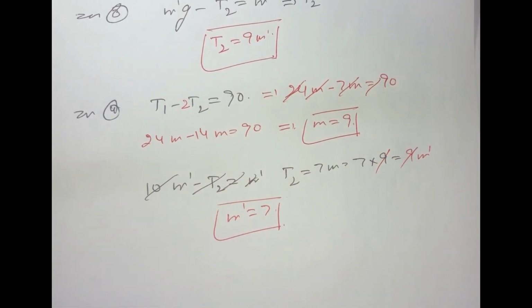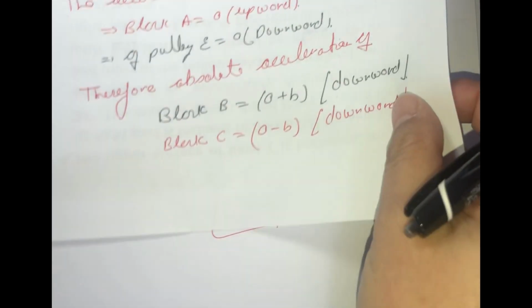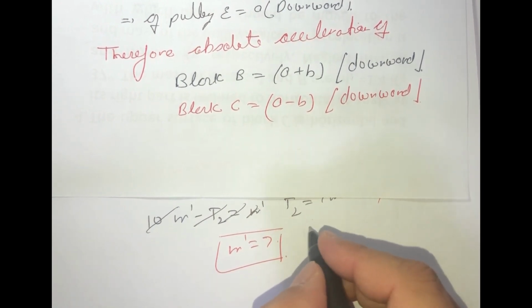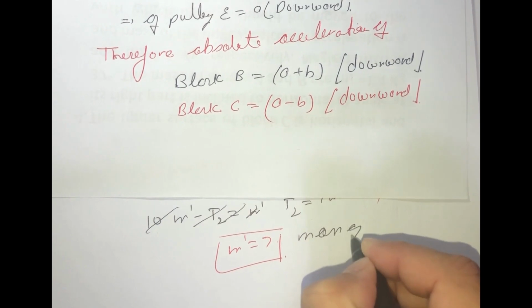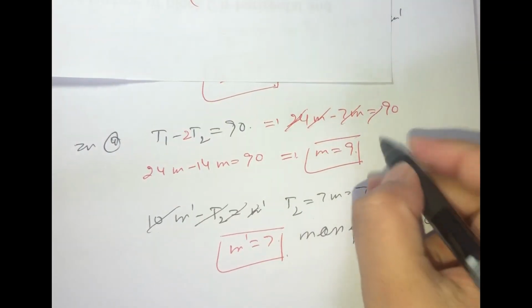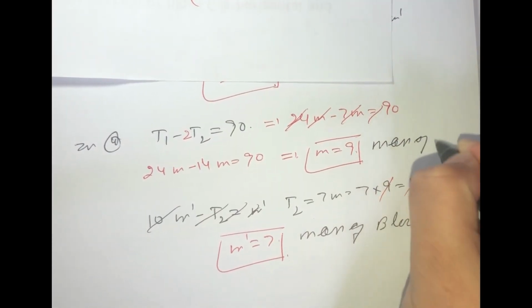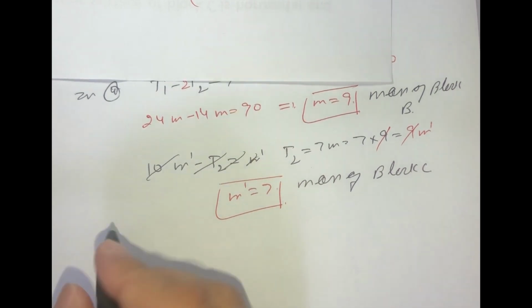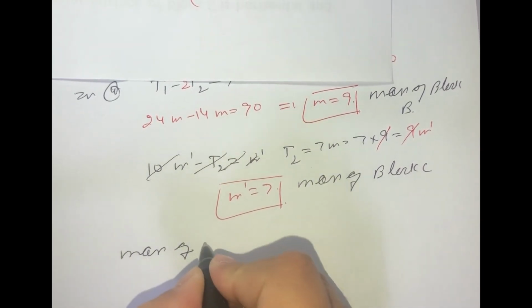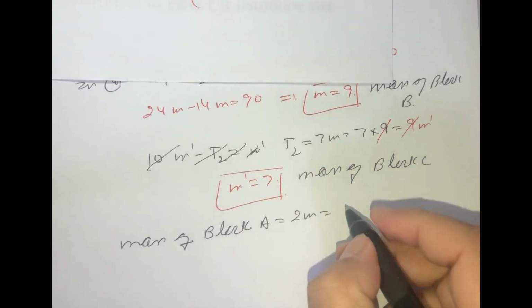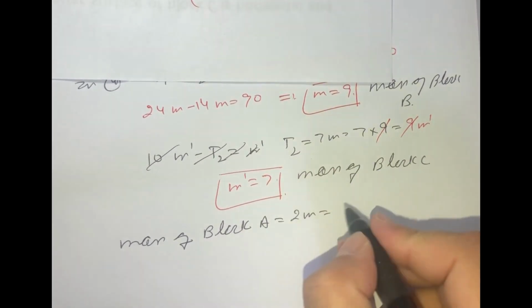Okay, so it was given that the mass of block C was m prime, so this is our mass of block C. And for B it was simply m, so this is the mass of block B, and the mass of block A is 2m, so m is our 9, so this will be coming as 18.